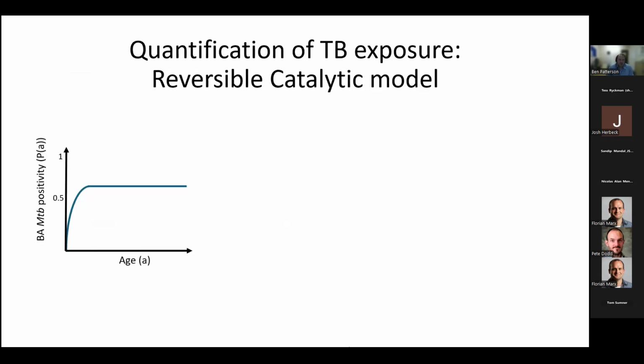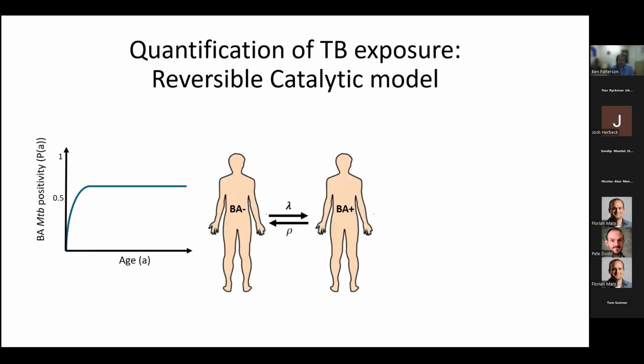Okay, so we opted to use a reversible catalytic model to investigate this. This is the idea that you start off with a clear bioaerosol, and then at some point, in order to get to this sort of two-thirds prevalence, you must have a rate of exposure that gets there and then would establish a plateau. Again, I'll come to the assumptions for that plateau.